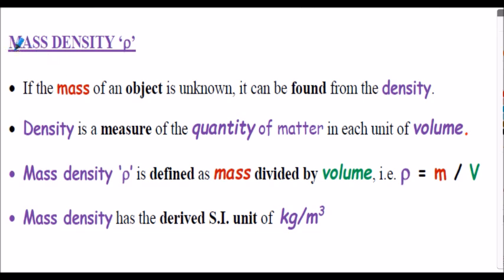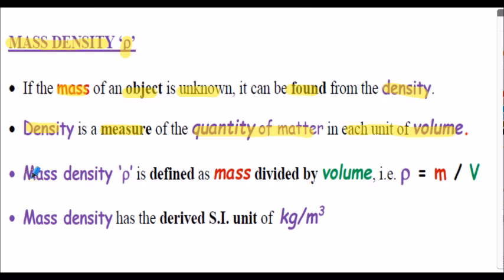Let's recap mass density, usually given the symbol ρ. That's a Greek symbol, looks like an italic p. So if the mass of an object is unknown, it can usually be found quite easily from the density. Density is a measure of the quantity of matter in each unit of volume.